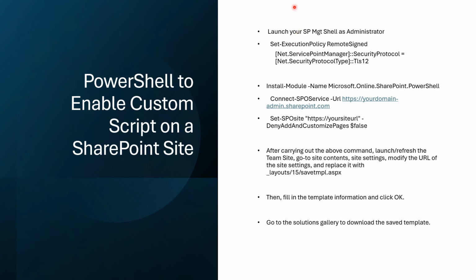You can just go online and search for it. And then you run this execution policy together. Then you install the module. But if you're using the SharePoint management shell, you don't need to install the module, so you can skip this step, and then you go straight to Connect-SPOService.